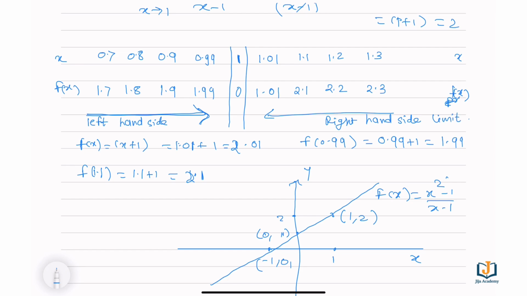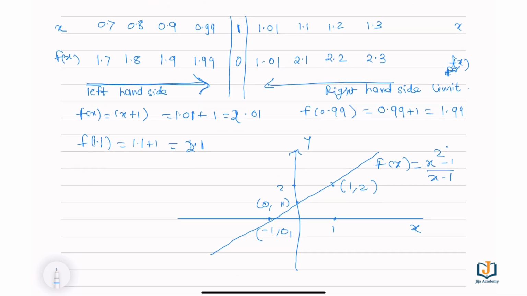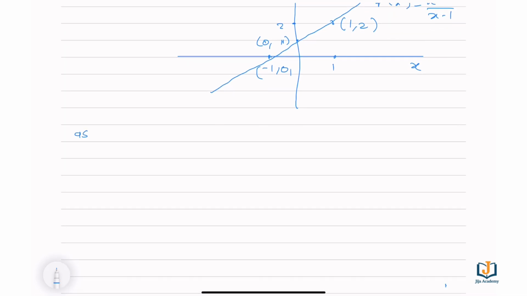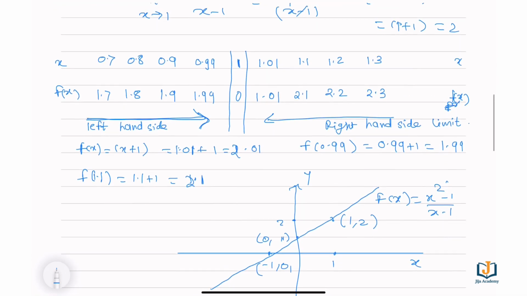According to these two we are writing some observations. For the left hand side, as x increases and comes closer to 1, the first is 0.7 and the last one is 0.99.